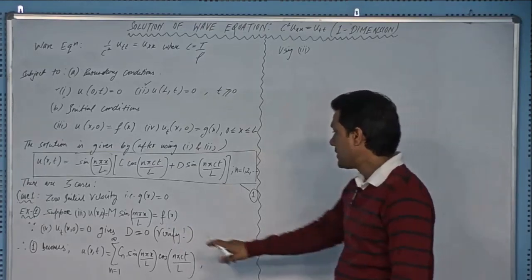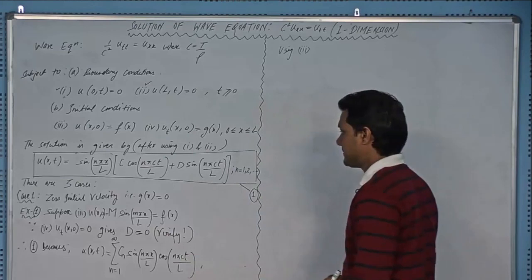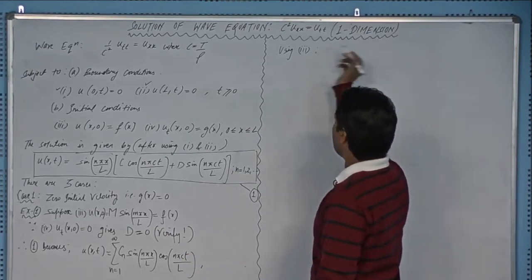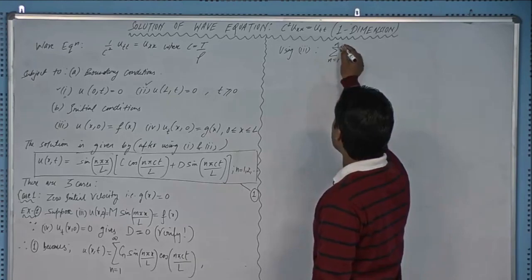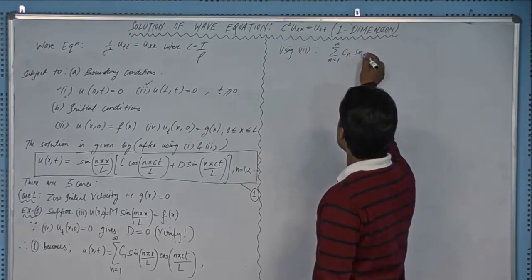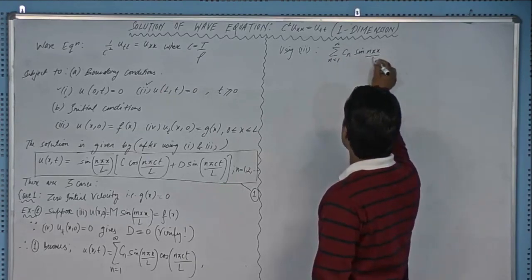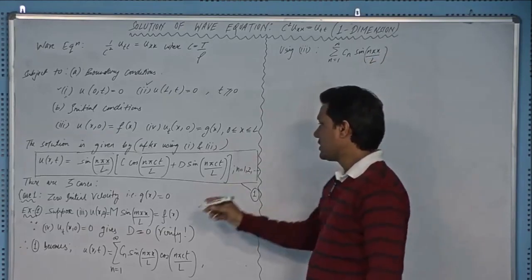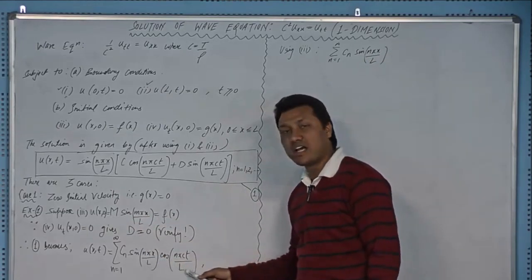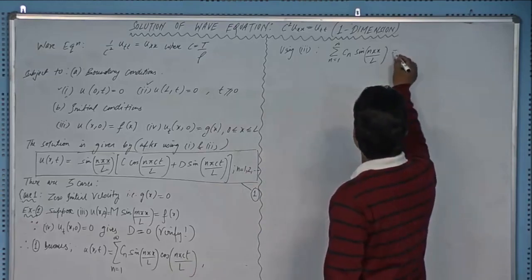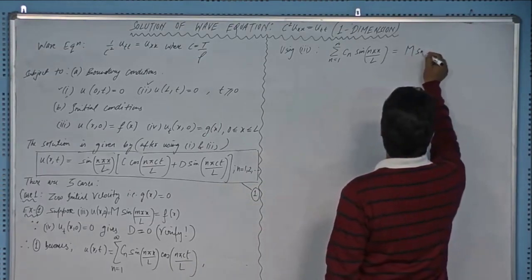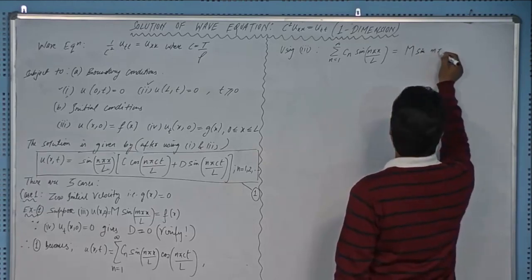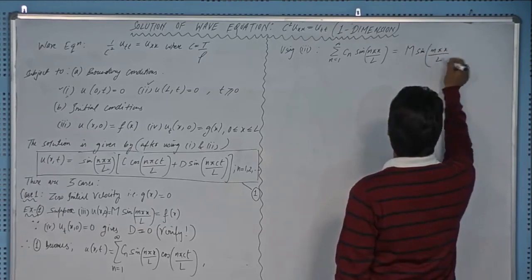Plugging this here, I will be getting summation n equal to 1 to infinity Cn sine(n pi x over L), and putting t equal to 0 here, that will give me 1, equal to f(x). And what is your f(x)? Your f(x) is this one, M times sine(m pi x over L).